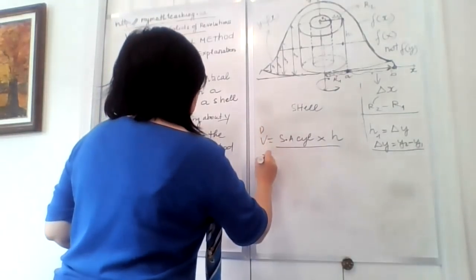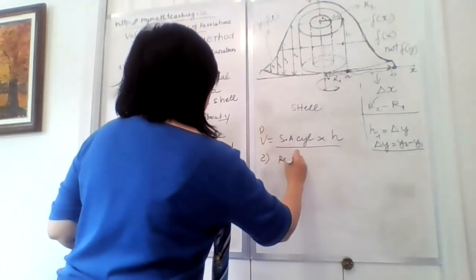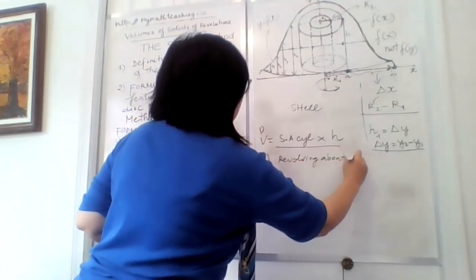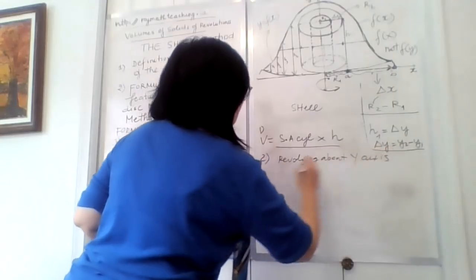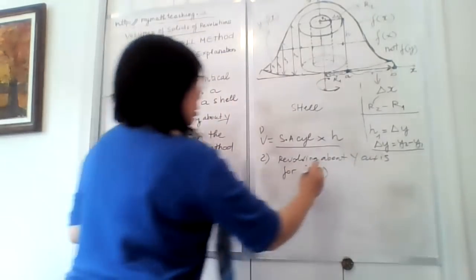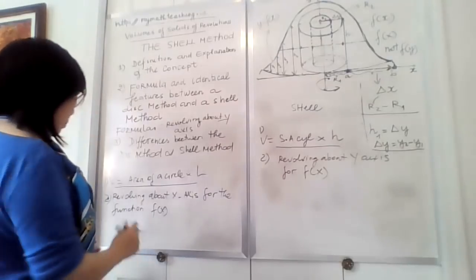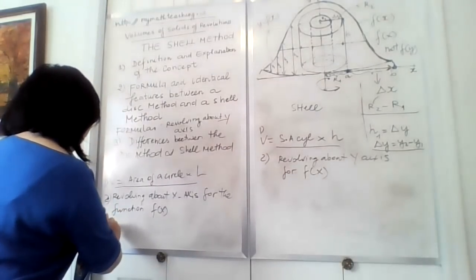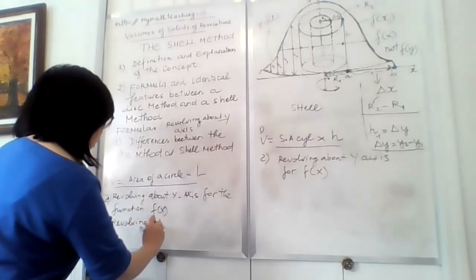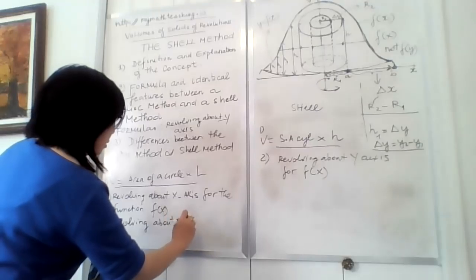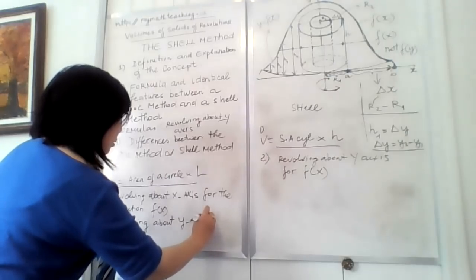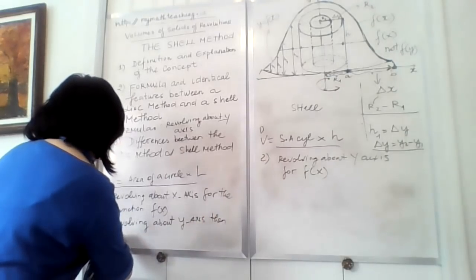So this is the first thing in the shell. We're talking about revolving about the y-axis for f of x, or y equal f of x, whatever. If we're revolving about the y-axis for this method, then reverse the function.